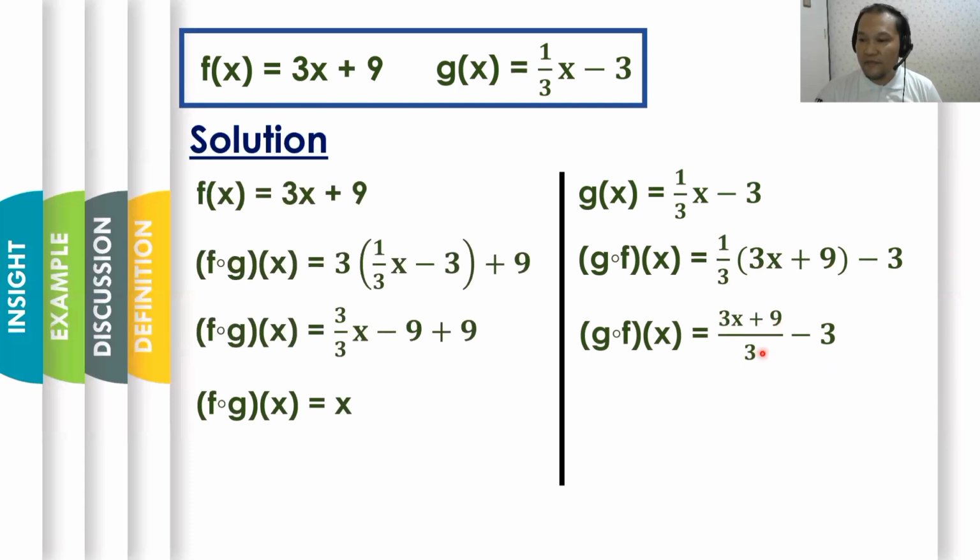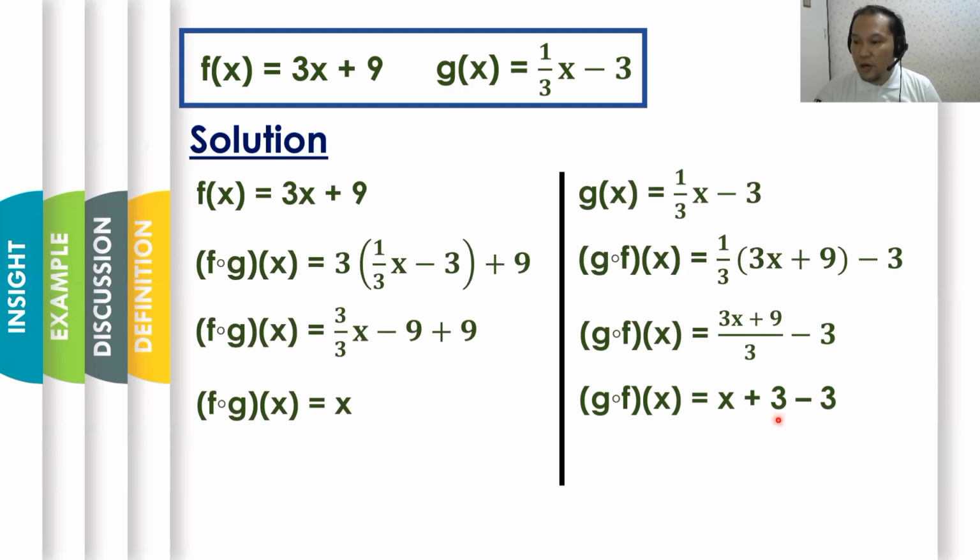Okay? Then 3 divided by 3, the answer is 1, times x, the answer is x. 9 divided by 3, the answer is 3. Minus 3. Therefore, we have x plus 3 minus 3.